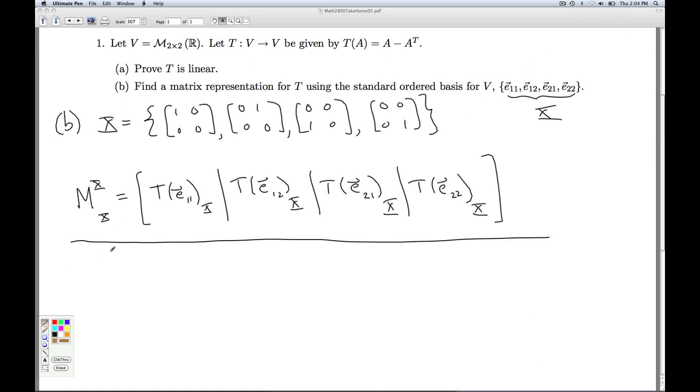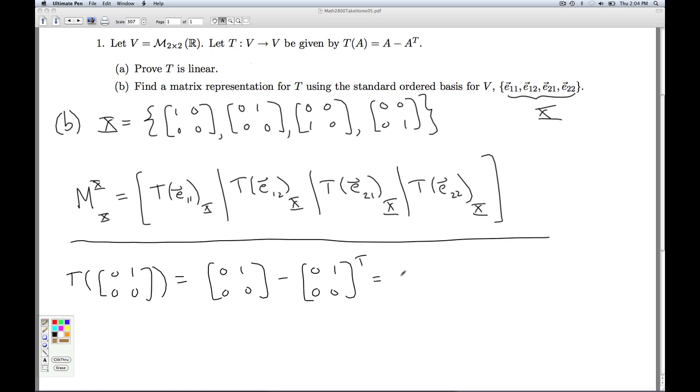Okay, now we go to our next basis vector. We'll take T of that. By definition, I take that matrix and subtract its transpose. And what I get here is 0, 1, negative 1, 0.